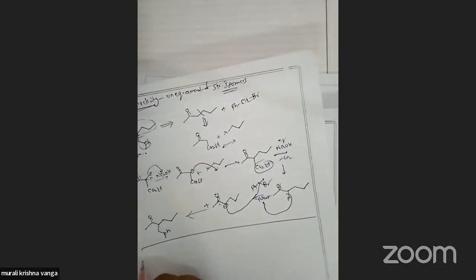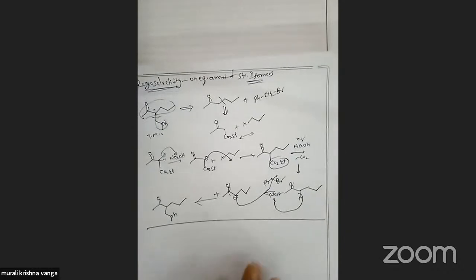So next, aromatic substitutions. We are going to discuss selectivity on aromatic compounds. When we take metanitroaniline and it undergoes functional group interconversion, aniline is converted into nitro.